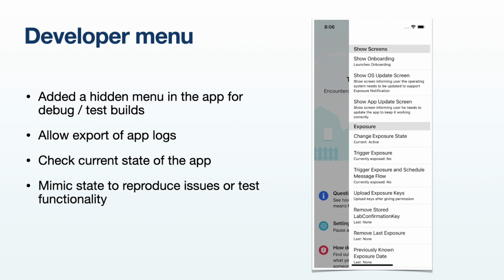So checking the state, and also it gives us the option to mimic certain states. So if we want to mimic the state where you are exposed to an infected person, then we want to mimic that state to make sure that it looks correct, that all the actions that you need to take in that situation still work correctly.